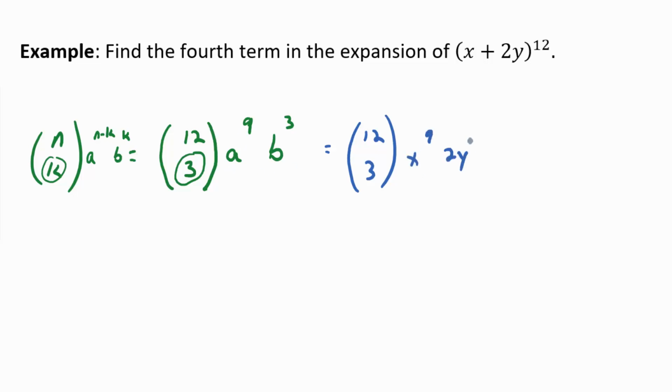And then 2y, now the whole thing cubed, right? Would you guys buy that? Everybody okay with that? So what do you have to do when you're cubing the product 2 times y? You have to cube both the 2 and the y. So what does that give you?